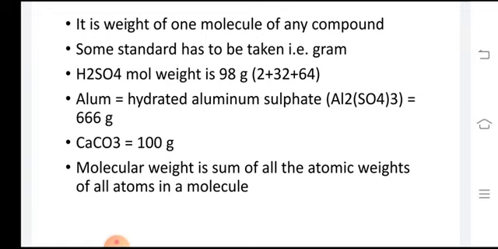Multiplying 16 by 3, plus 12 of carbon plus 40 of calcium, gives us 100 grams of calcium carbonate. So molecular weight is the sum of all the atomic weights of all the atoms in a molecule. This is the simplified form of the definition of molecular weight.